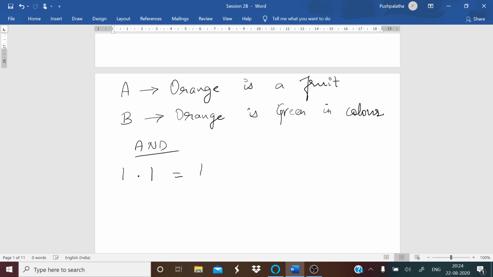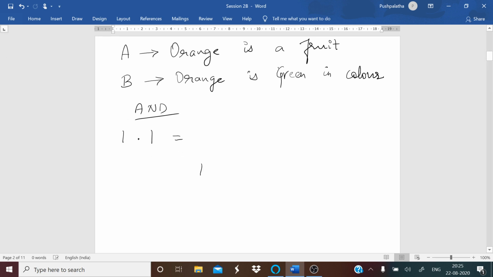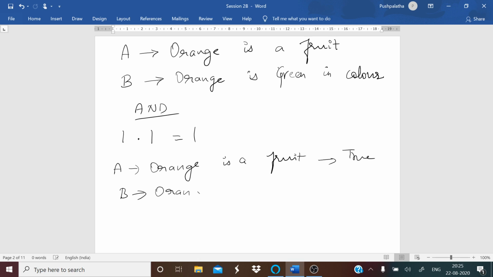Now if we change the statement, we say A statement is orange is a fruit. Is it true? Yes, it is true. And B is orange is brown in color. Is it true? No, it is false.